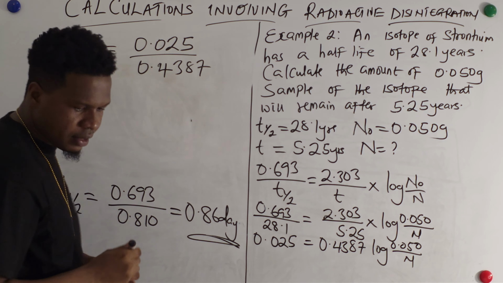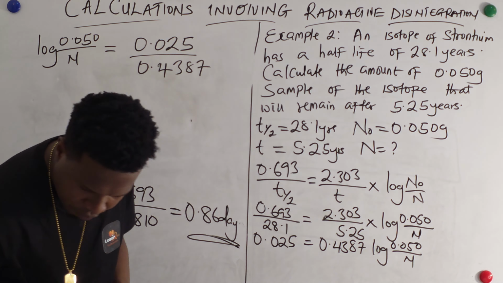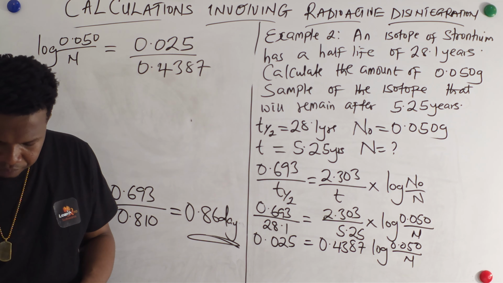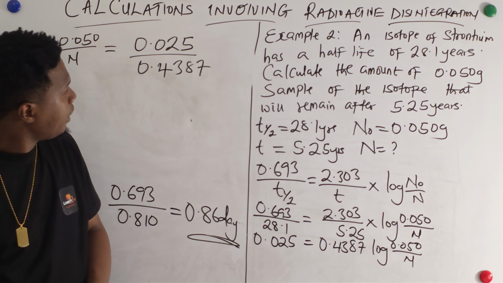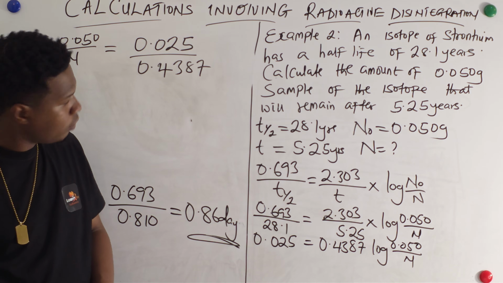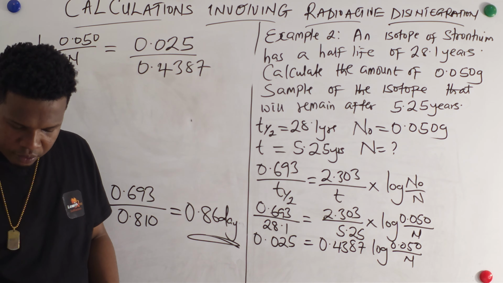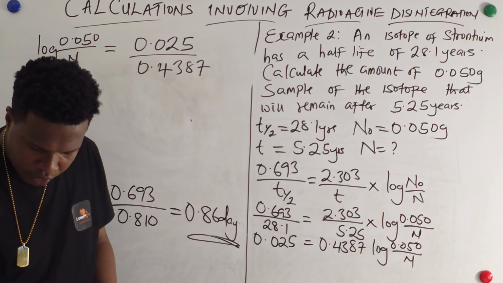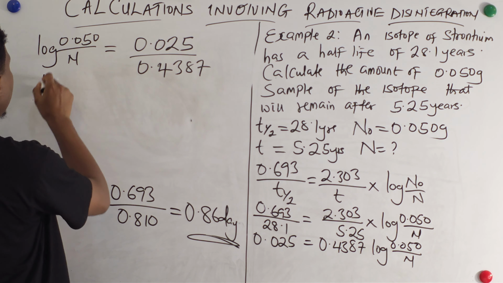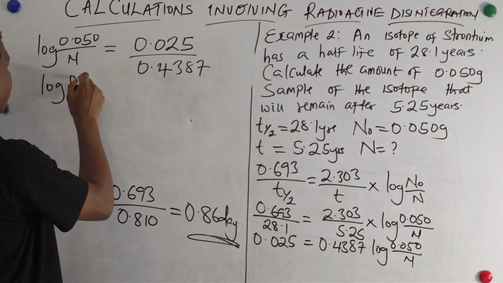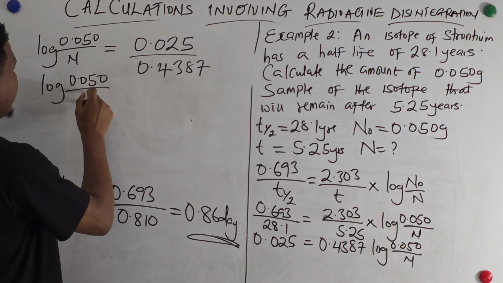When you divide 0.025 by 0.4387, you have 0.057. So we have that log 0.050 over N is equal to 0.057.